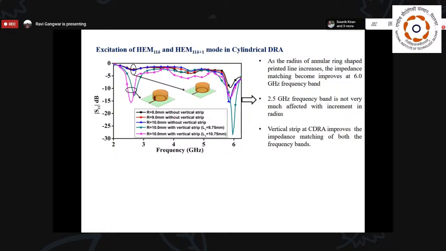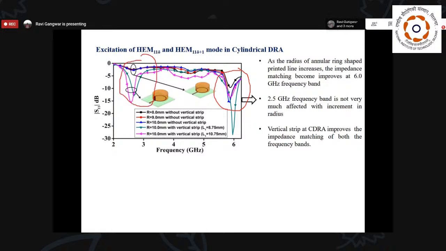When we change the radius of this annular strip, you can see that we are able to get better impedance matching. And when we put one vertical strip along with this annular structure, we are able to get another, second band.